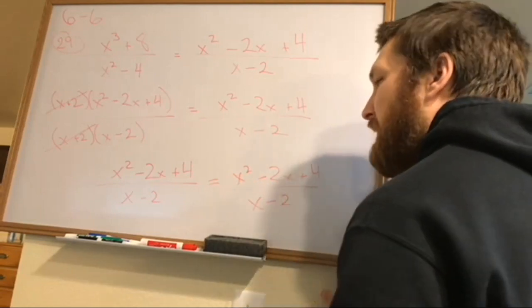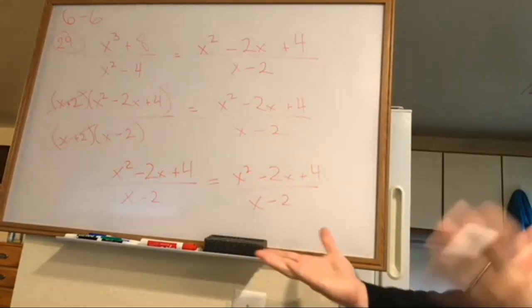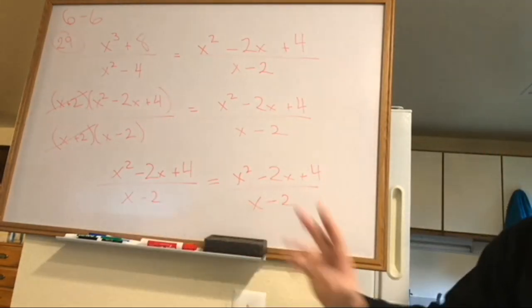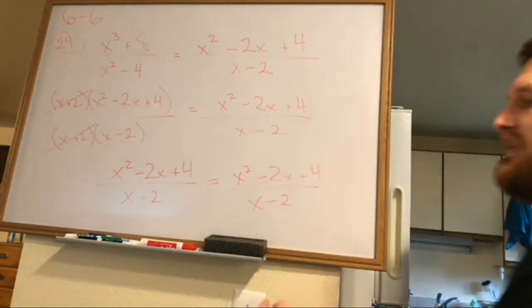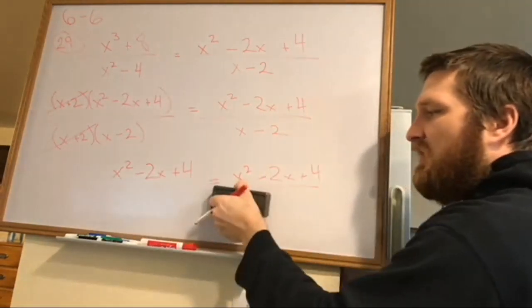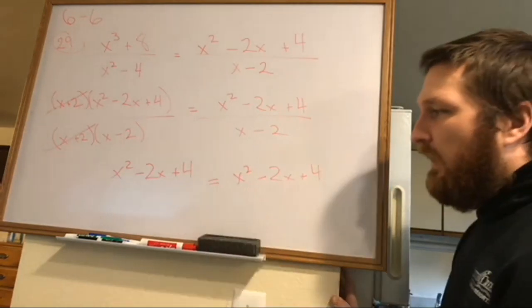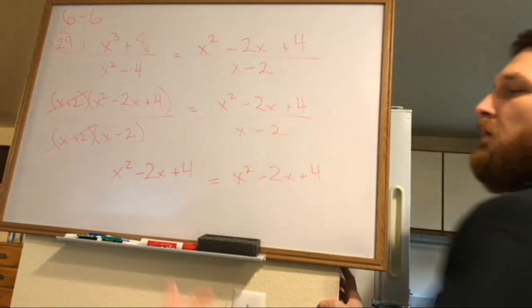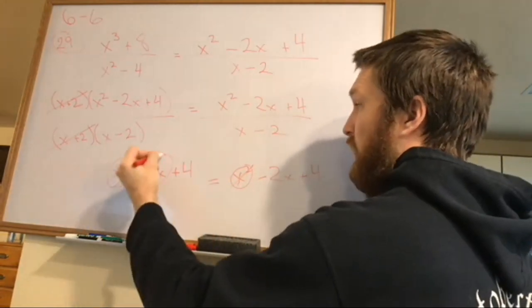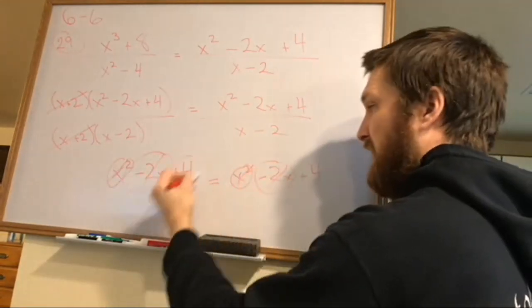And so we'd be tempted to say, and if you really wanted to, you could multiply both sides by x minus 2. You do that on both sides. That has the effect of canceling those guys. This cancels that, this cancels that, this cancels that.